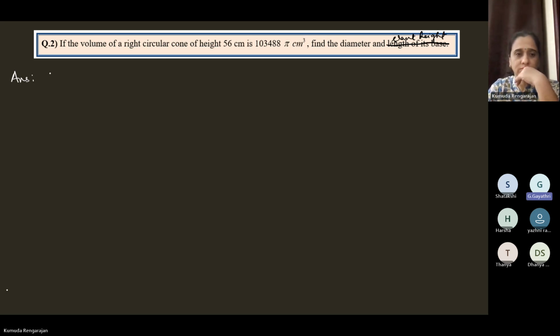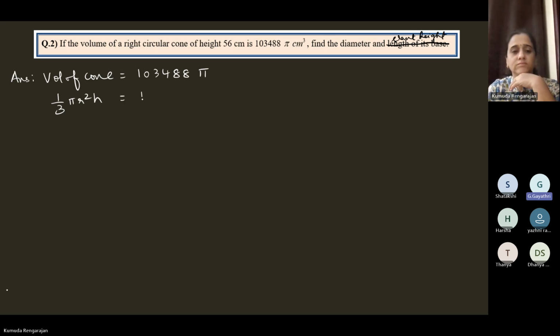They've given the volume and height, ma'am. So volume of a cone is 1/3 pi r square h. Volume of cone, what is it given here? 103488 pi. Okay. Then 1/3 pi r square h is equal to 103488 pi. So pi on either side gets cancelled.